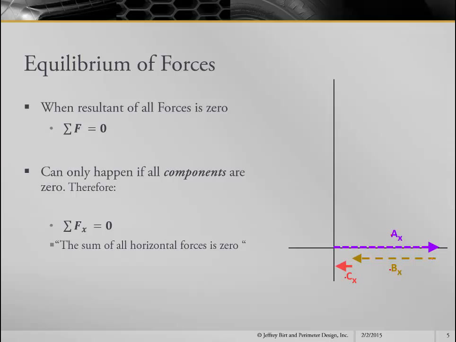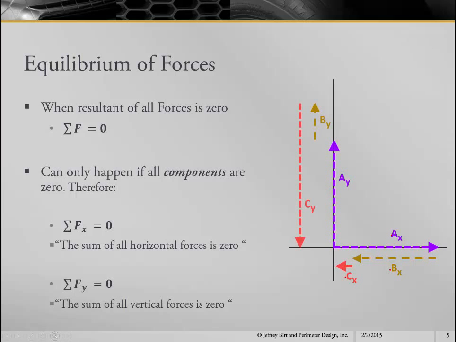AX is positive, BX is negative, and CX is negative, and these horizontal forces add up to 0 in the X direction. And also we have to have the sum of all vertical forces be 0. And we have a similar situation here, where we have AY added to BY, and then CY is negative, and these three come together and add up to 0. So kind of like the previous diagram that had three forces that eventually came around to 0, this is just showing the components.